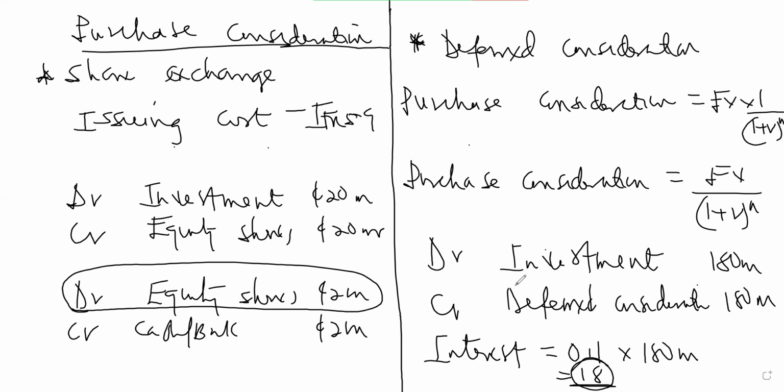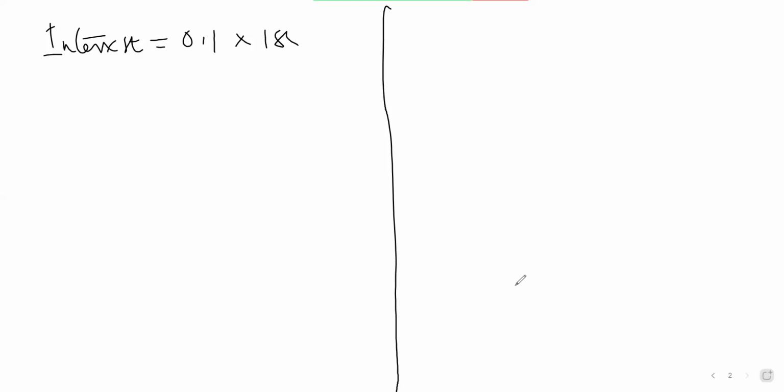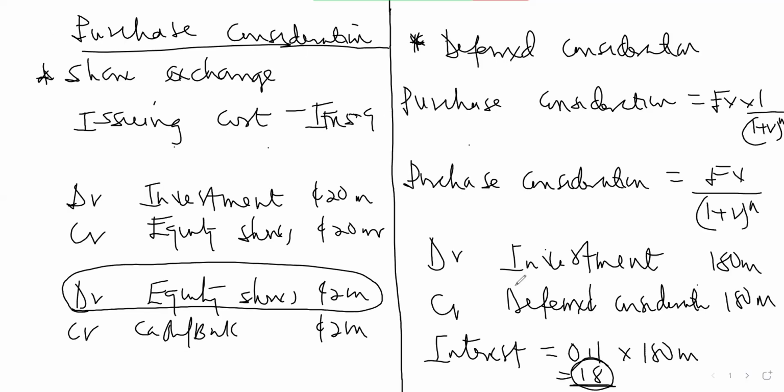Let's assume that you are consolidating for 2 years. The interest for the second year will be calculated like this: 0.1 multiplied by 198, because I told you that this is a compound interest. With compound interest, the principal together with the interest will be earning interest.